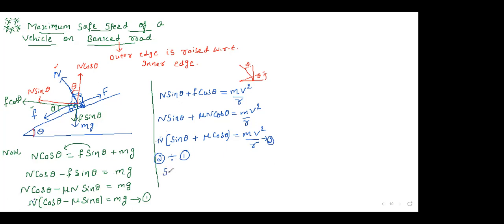So you will be left with sin theta plus mu cos theta divided by cos theta minus mu sin theta, which is equal to, what about the RHS term? m and m will get cancelled out. So I'm going to balance with v squared by r into g. v squared divided by r into g.